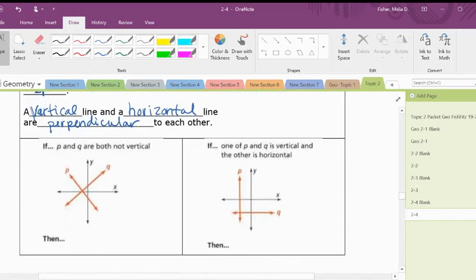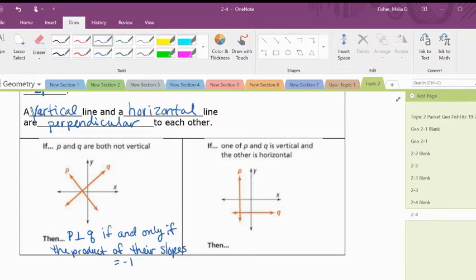So if P and Q are both non-vertical, then P is perpendicular to Q if and only if the product of their slopes equals -1. We're going to look at that a little bit closer in a minute.